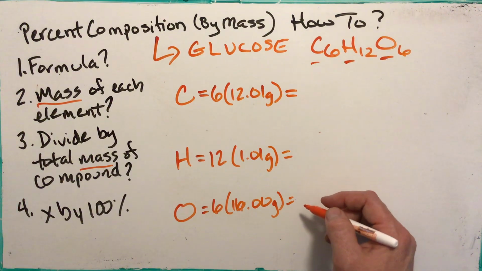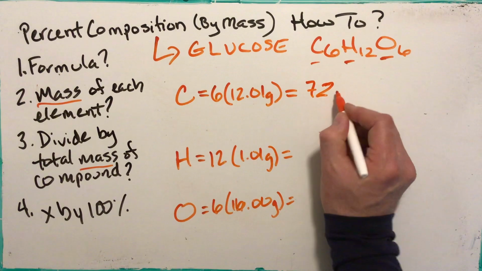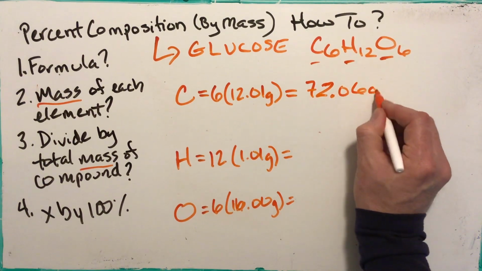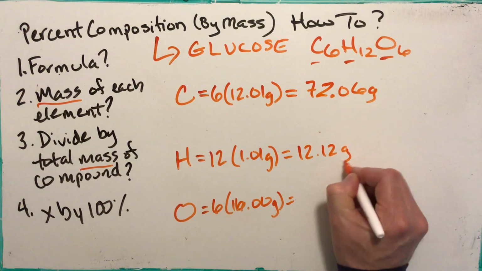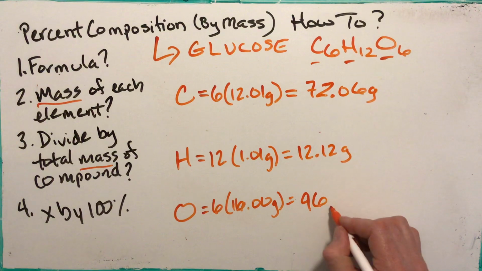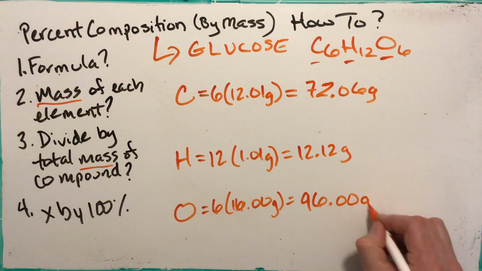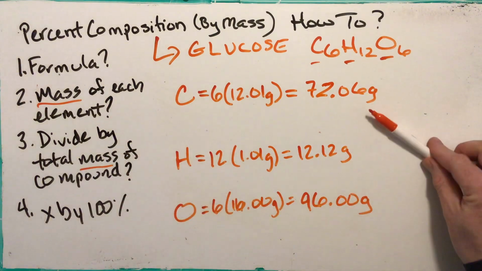All right, and what that's going to equal is this will be 72.06 grams. This will be 12.12 grams. and this will be 96 grams. So there's the mass of each element, right?